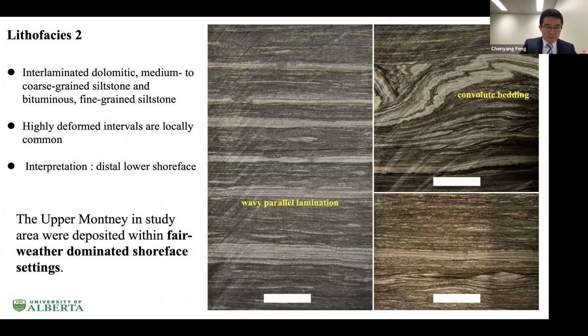As the shoreface deposition in both cores is dominated by bituminous fine-grained siltstone units, representing fair weather deposition, the Upper Montney in this study area represents deposition within fair-weather-dominated shoreface settings.